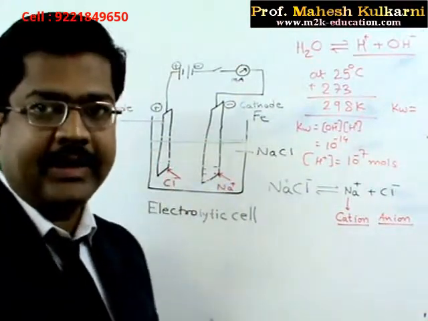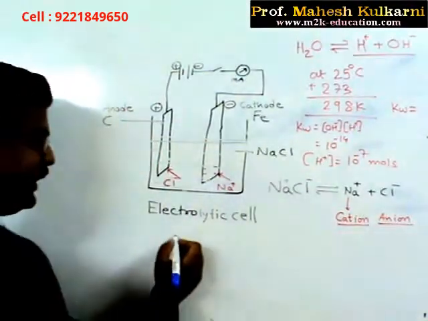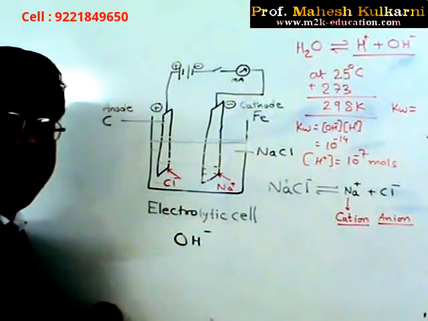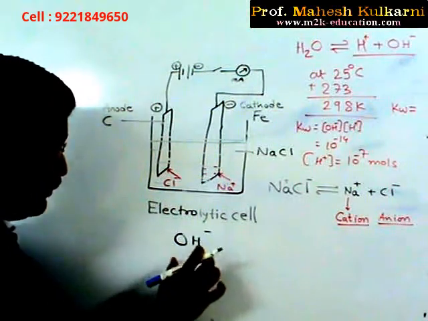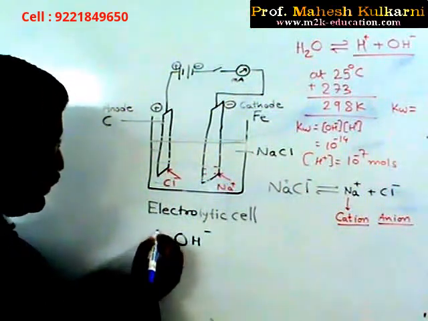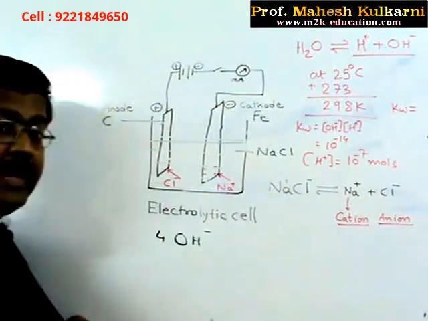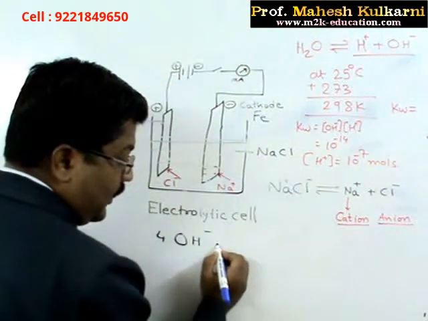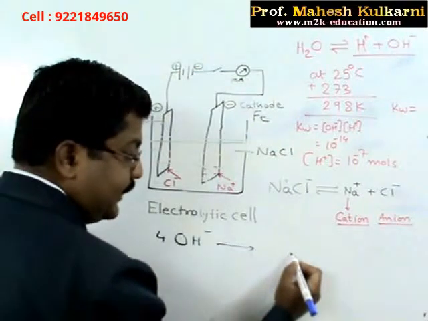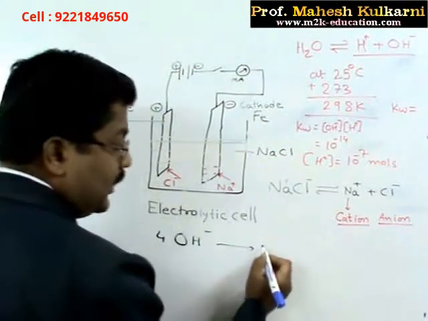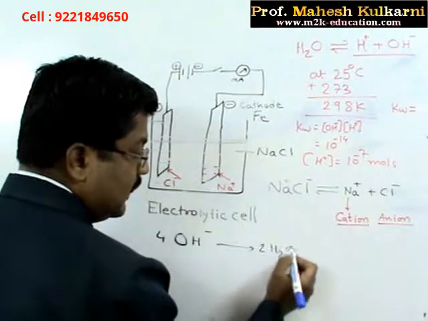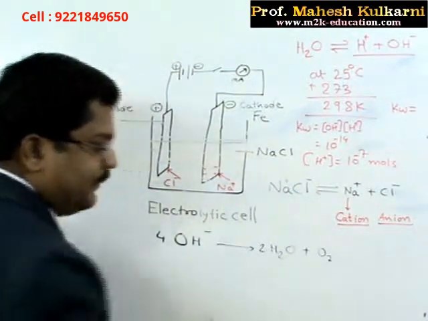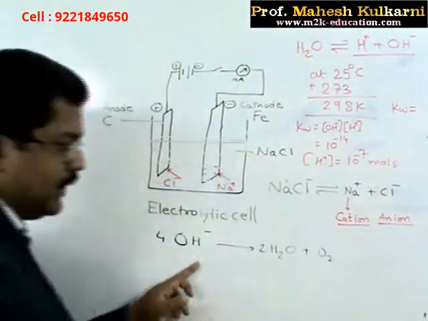Hydroxyl ions are deposited. Let us take this interesting reaction, because OH minus has a somewhat difficult reaction to understand. So 4 OH minus ions are deposited on the anode. They donate electrons, and we get 2 H2O plus O2 plus 4 electrons.